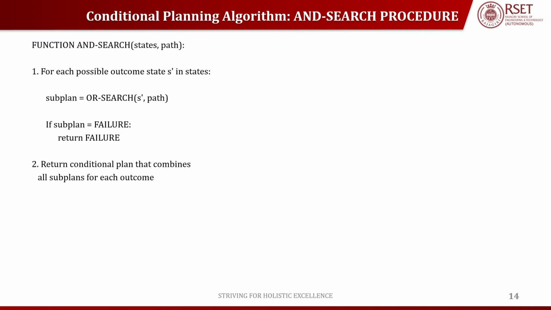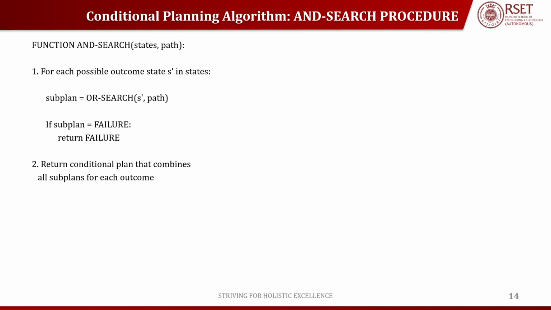This means that if even one outcome cannot reach the goal, then this action is not at all safe. For example, if in rain there is no way to reach college, but in sunny you can reach college, then the whole plan is a failure.